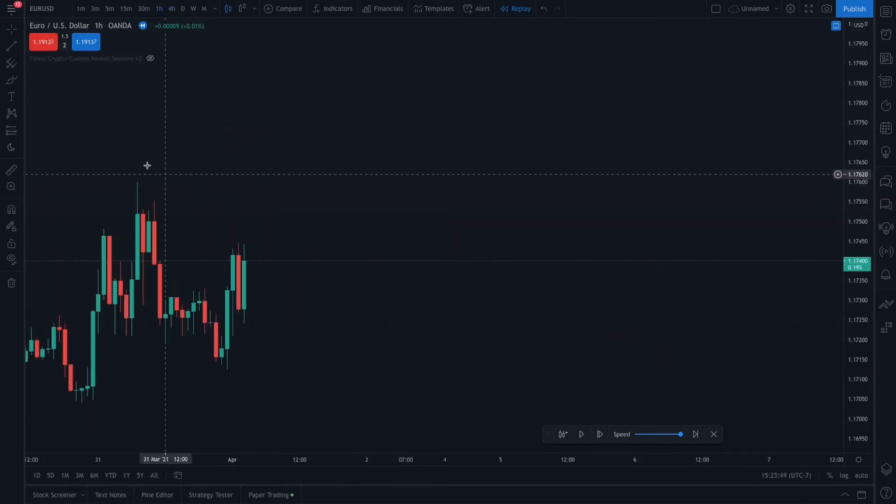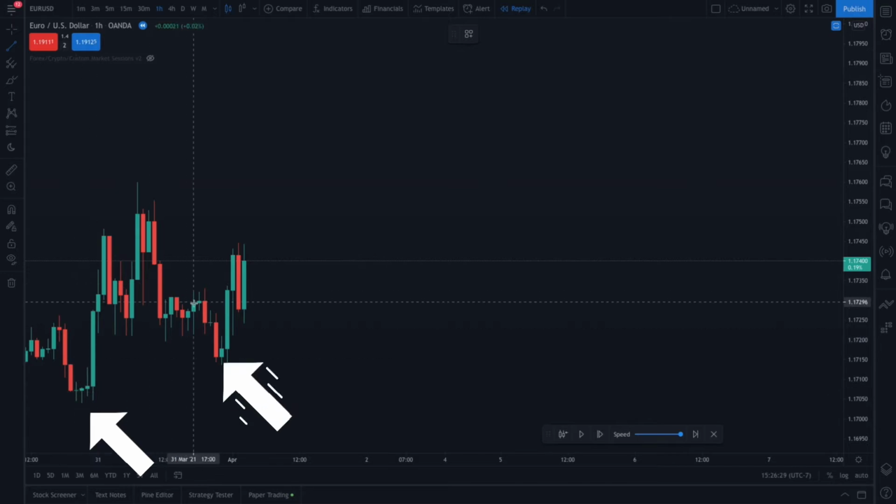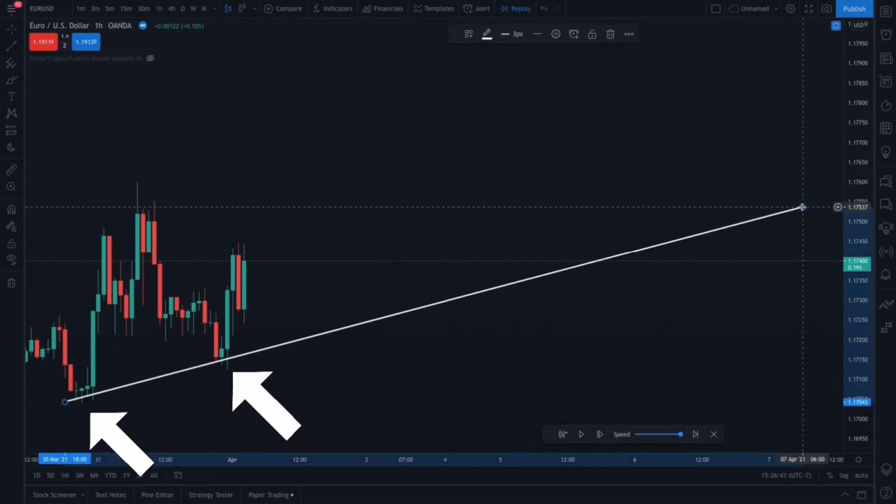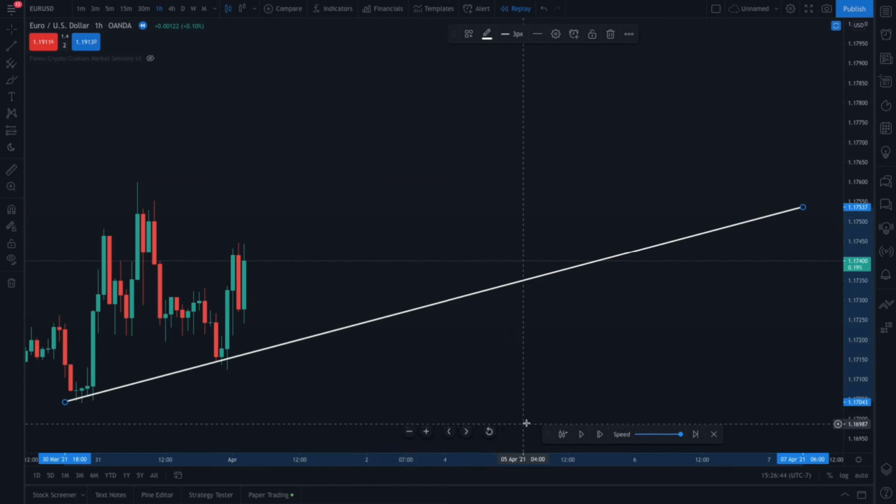And now let's see an example of an uptrend. First we identify our lowest swing point and then we identify our higher low. Then we just connect them with our trend line and let's see what happens when we play the replay.